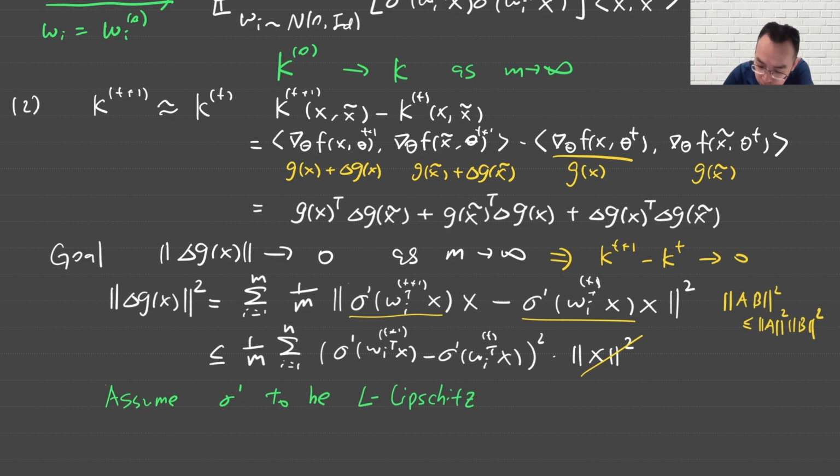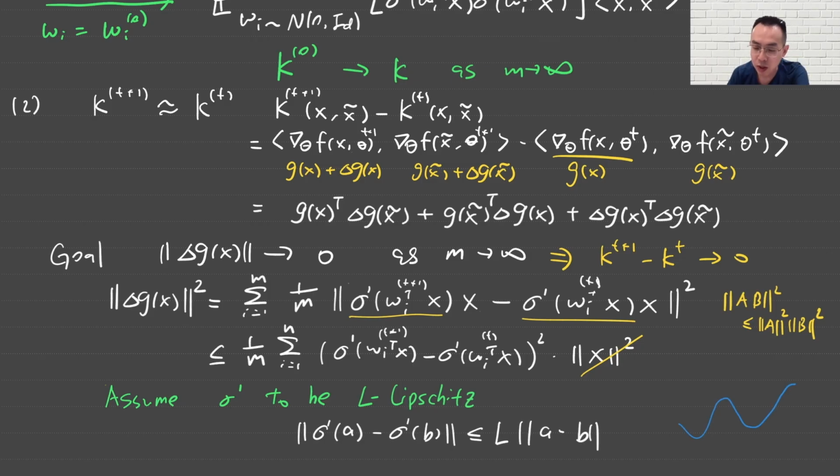So this just means that |σ'(A) − σ'(B)| is smaller or equal than L times the difference between A and B, right? So that is the Lipschitz continuity. And then we can just assume that to be true for the derivative of the function sigma.